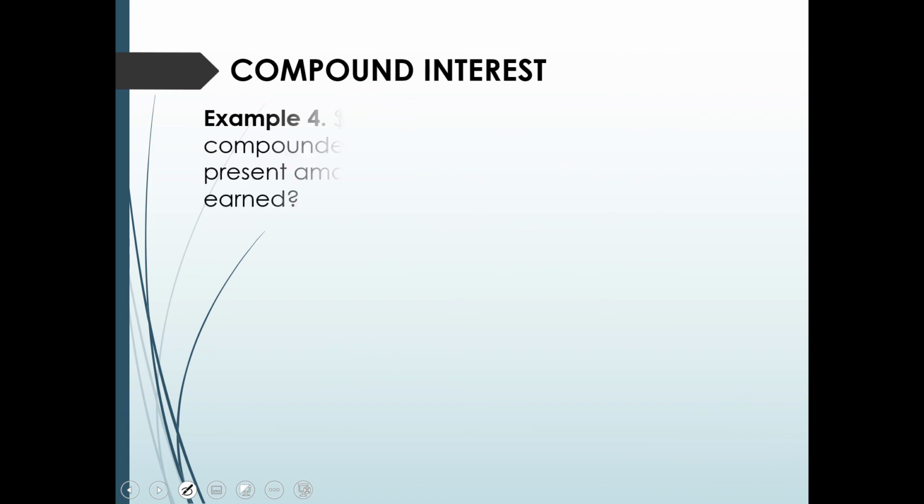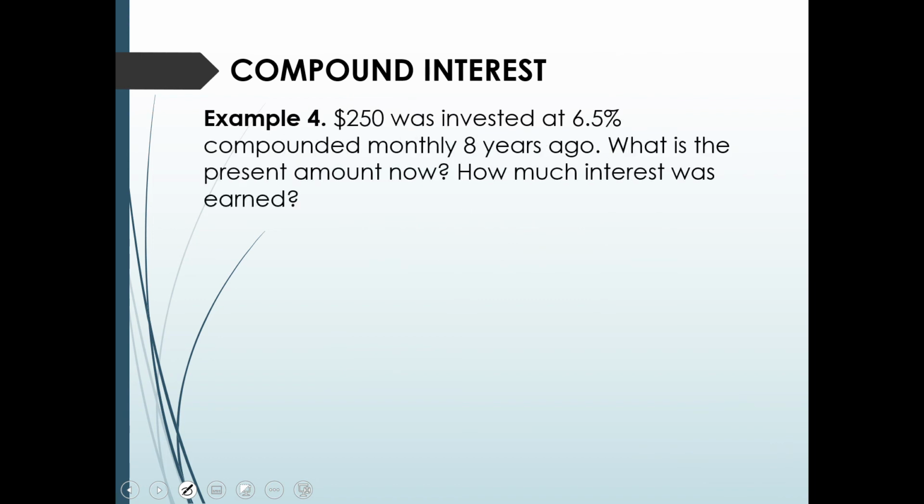Okay, let's have another one. 250 was invested at 6.5% compounded monthly 8 years ago. What is the amount now? So the first question is the amount now. The second question is how much interest, which is I. Let's identify the given, label the given. This is your P, rate, time, monthly.